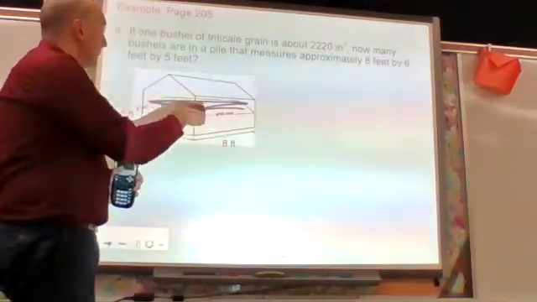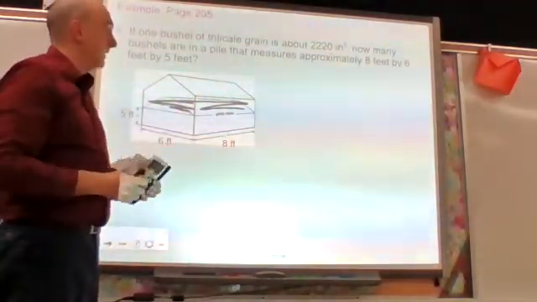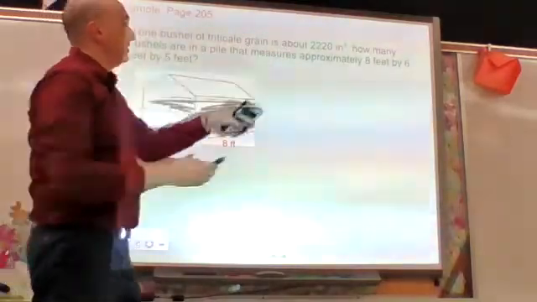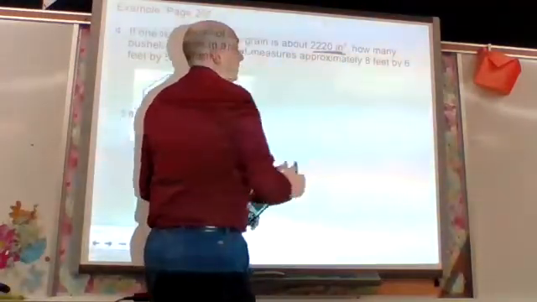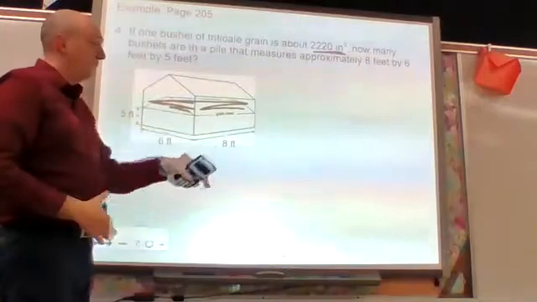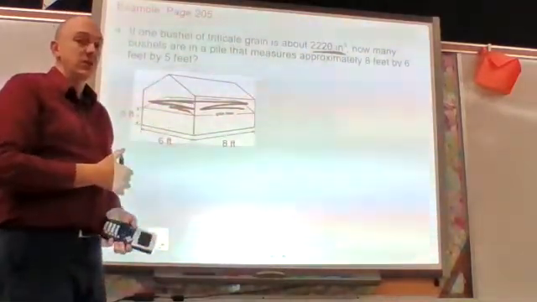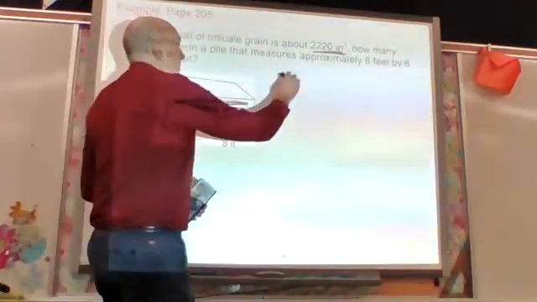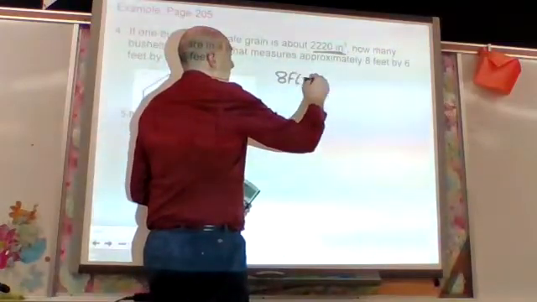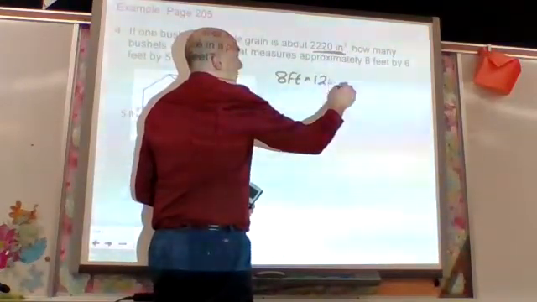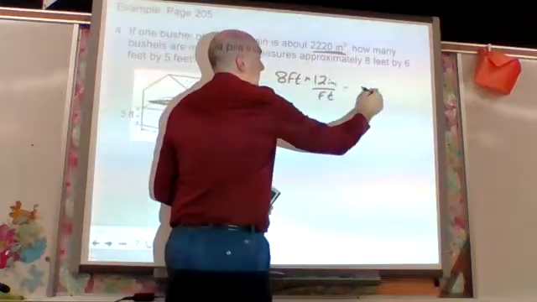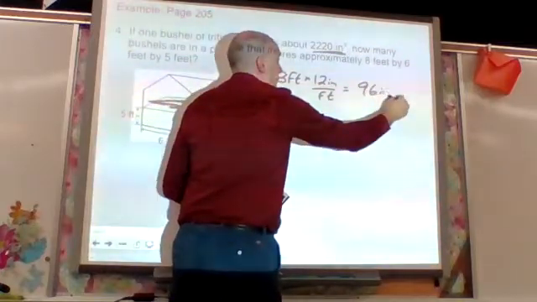So we need to be able to figure out the volume of this pile in inches. All our measurements are in feet. Let's convert those into inches before we go forward. So we've got 8 feet times 12 inches per foot equals 96 inches.